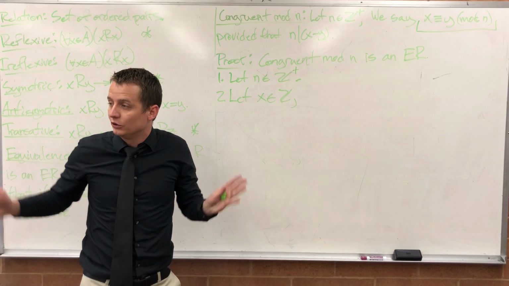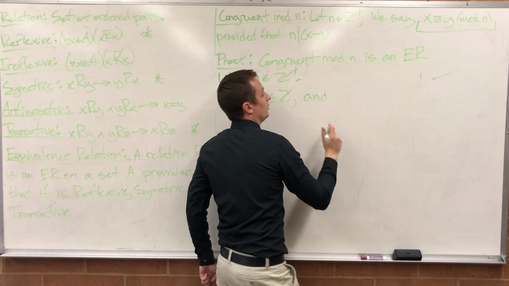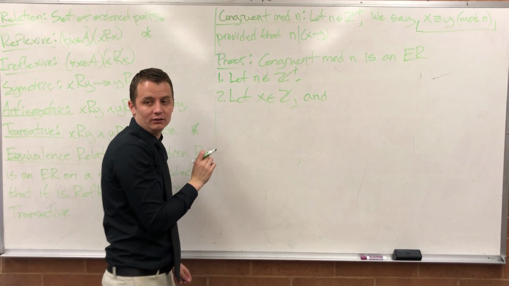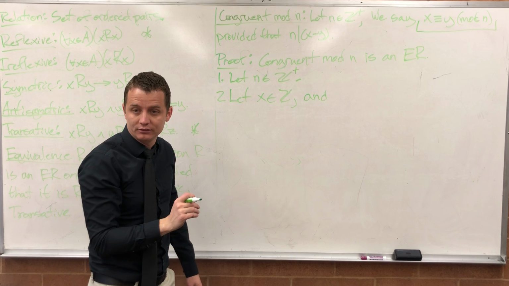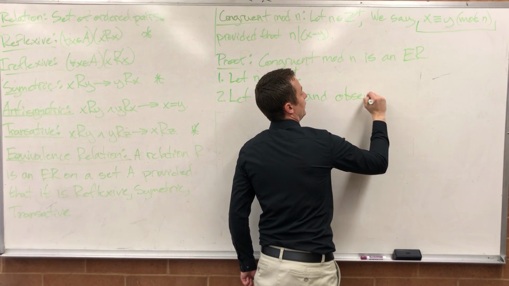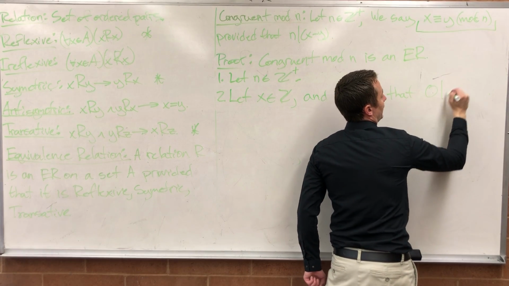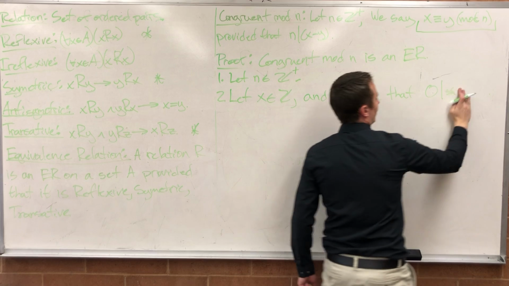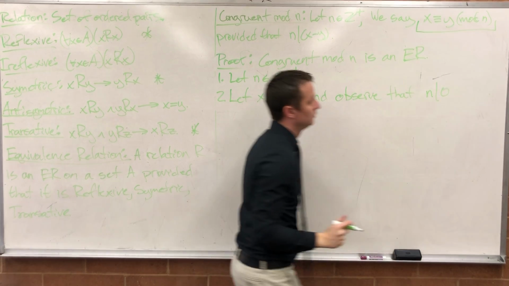I need to show that x is congruent to x mod n. How am I going to show that? I need to show that n divides x minus x. And observe that n divides 0. Is that always true?